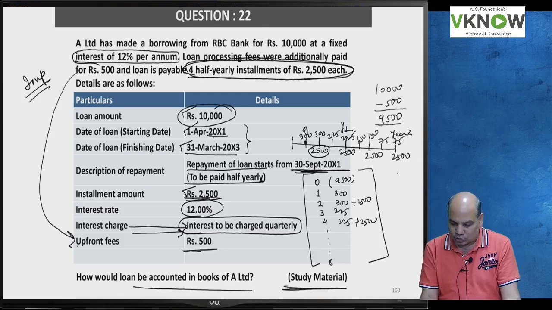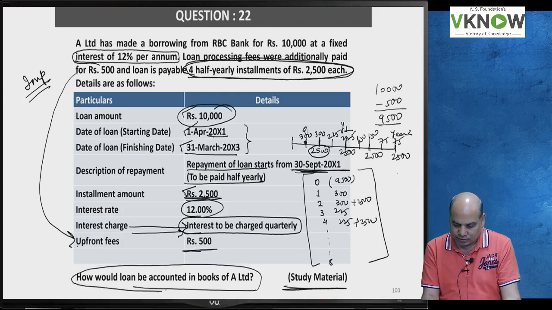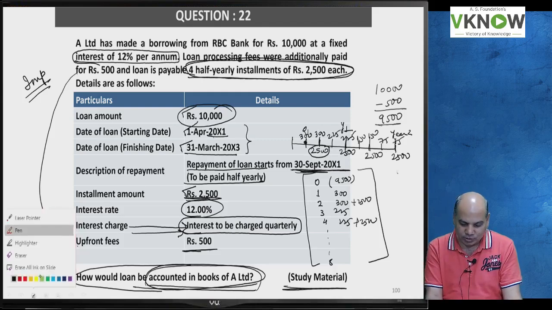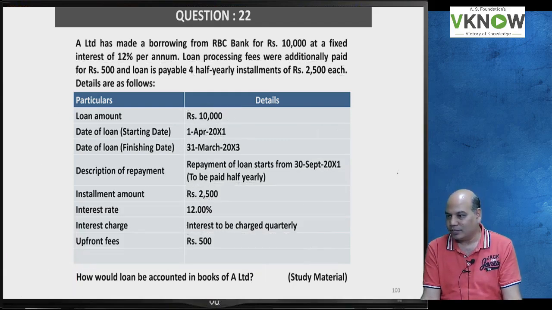How would the loan account be accounted in the books of A? So they should mention clearly whether they want journal entry or whether you want ledger. So we'll prepare ledger. Now see, the interesting part is you have to find what is the IRR for each quarter, which is not given, and that is where I'll say half of the country will not be able to get the IRR right.